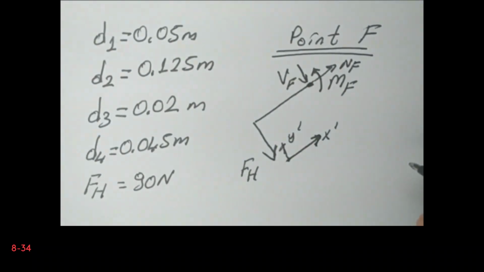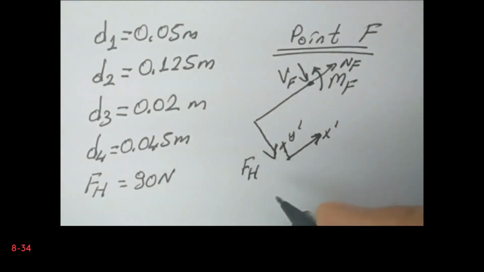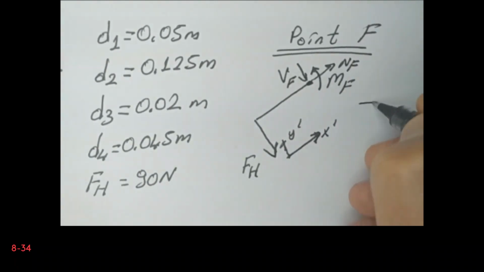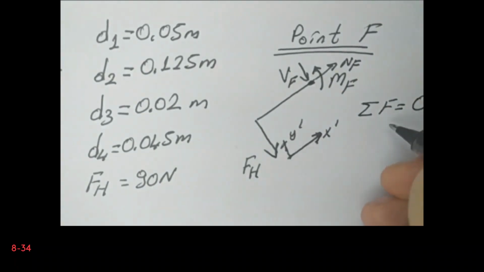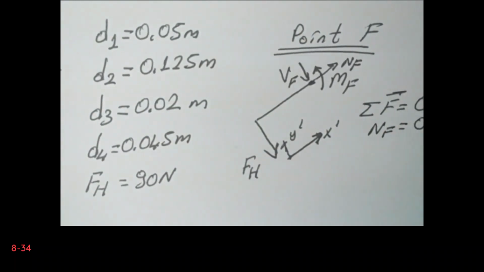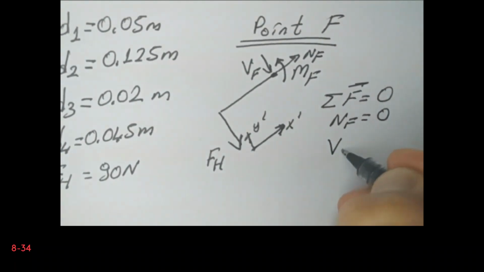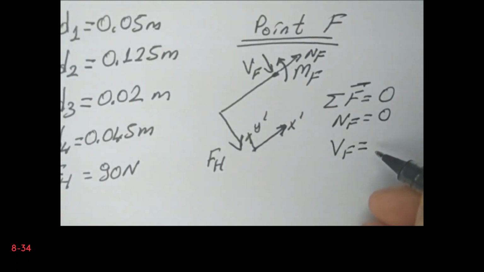So these are the internal forces and moments. Certainly the sum of the forces has to be 0, so Nf is 0, there is no normal force at point F. Vf is the shear, so that is minus Fh.